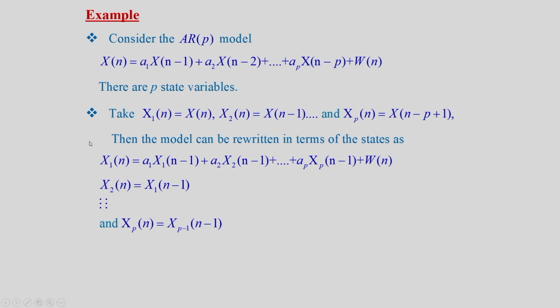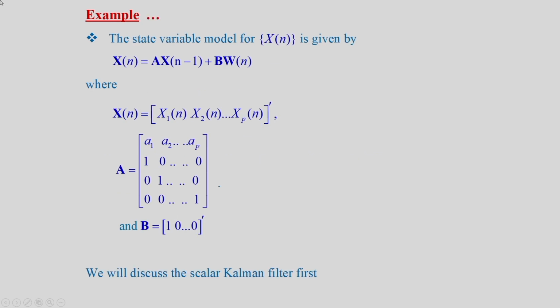And according to the definition, x2 of n is equal to x1 of n minus 1, like that up to xp of n is equal to x(p minus 1) of n minus 1. So, that way all these state variables are represented in first order difference form. So, this we can write in a matrix, xn, that is the state vector comprising of x1 of n, x2 of n up to xp of n.